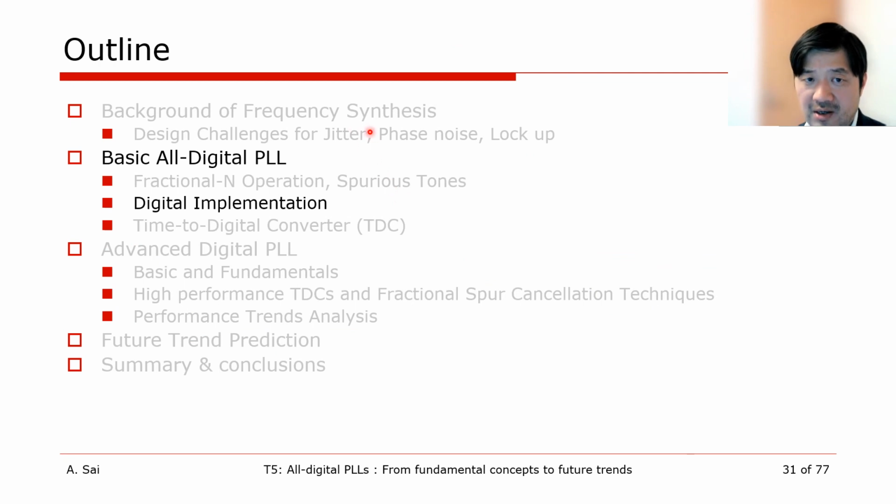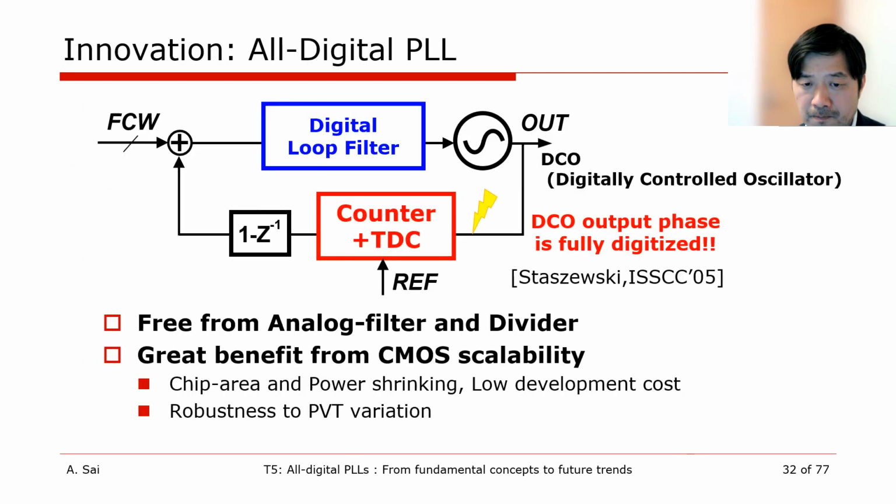Next, the fundamentals and digital implementation of ADPLL are shown. I think all digital PLL is a very, very big innovation. All digital PLL can completely eliminate the loop filter chip area problem for the fractional spur.